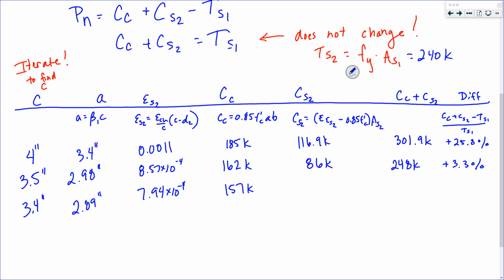My C sub S2 is 79 kips. Now I'm at 236 kips, so I'm under. I want to be at 240. 236 minus 240 divided by 240 times 100: I'm down 1.6 or 1.7.